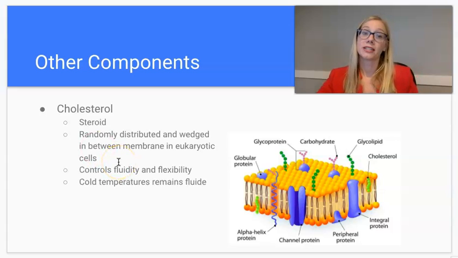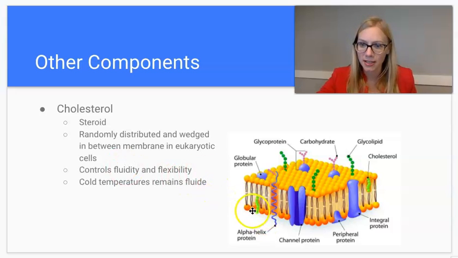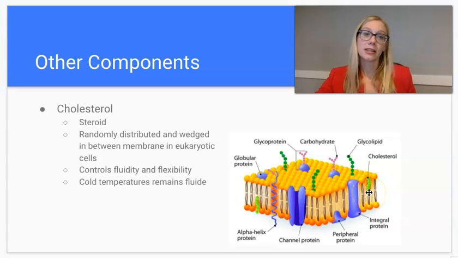Some other components, cholesterol is really important in the lipid bilayer. It's a steroid and it can be randomly distributed. Here in this picture, it's these lime green areas. And it's typically sandwiched in between the membrane, particularly in eukaryotic cells. And cholesterol is really important because it helps control fluidity and flexibility in the cell. So sometimes at really cold temperatures, the plasma membrane will slow down, not be able to move as much.